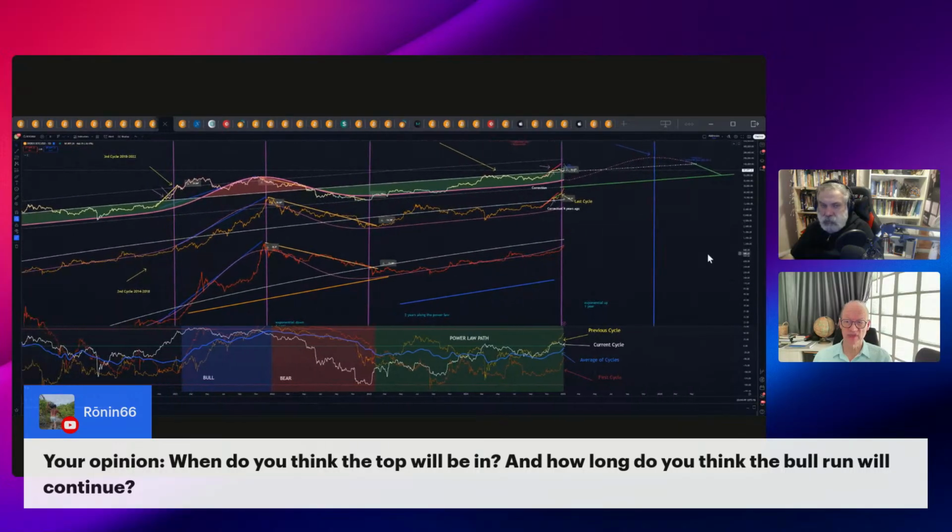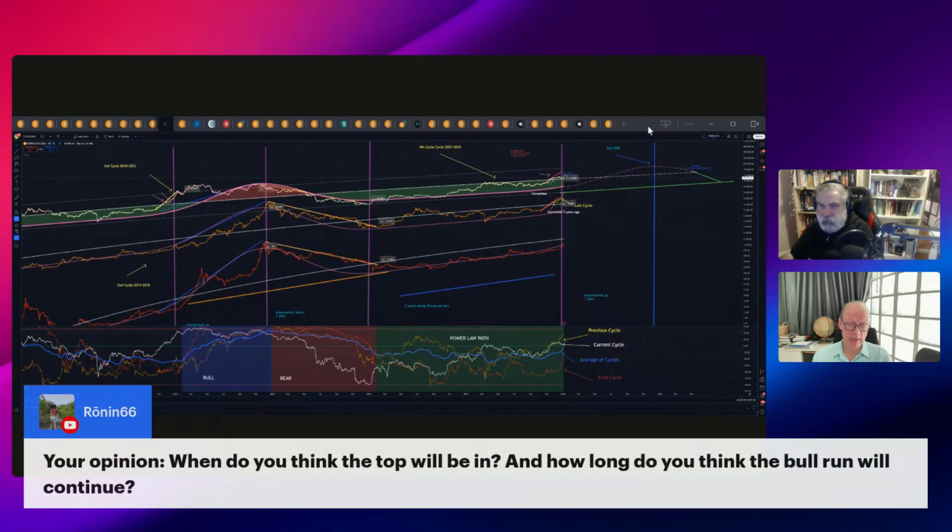So that's sort of the downside case. And the upside case would be 1.5 years, and that would be by end of October, Halloween time frame. So my expectation is July 4th plus or minus 3 months. That's what my expectation is.